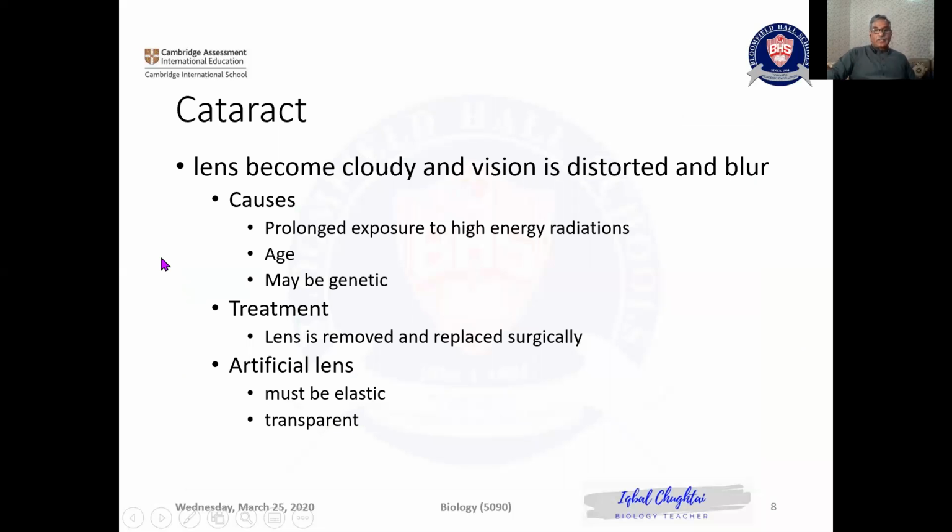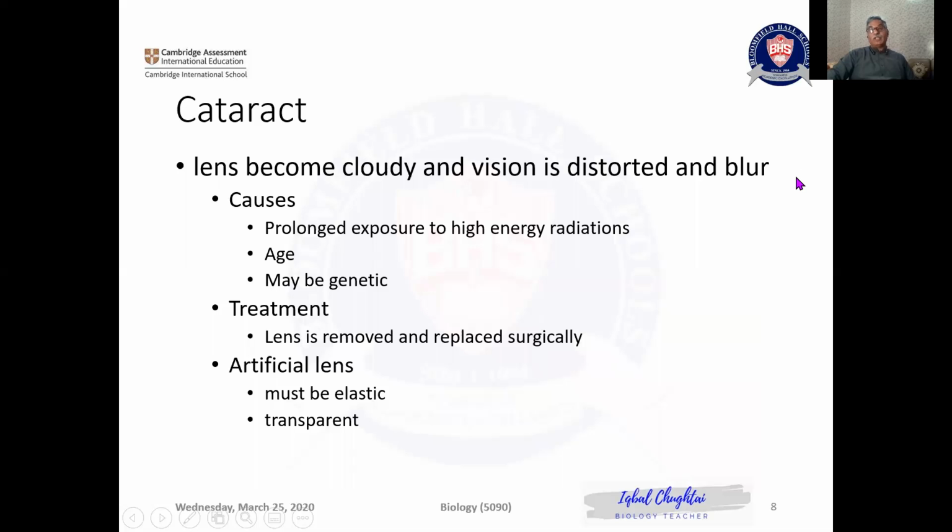There is a disease, cataract, and cataract is most commonly observed nowadays in Pakistan and certain parts of the world, but is more abundant in what we call third world countries or developing countries. In cataract, the lens becomes cloudy and vision is distorted and blurred. Why?